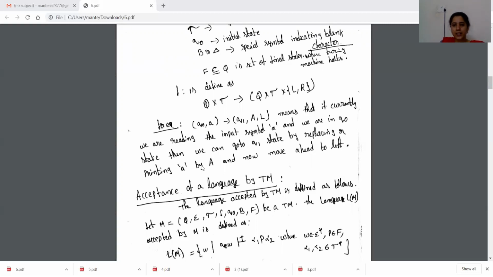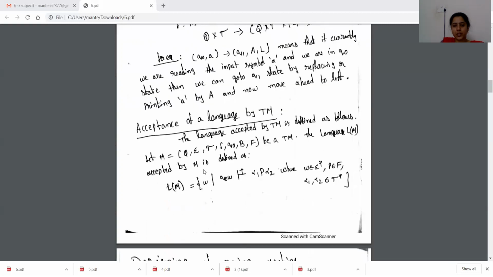And to check the acceptance of a language by Turing machine, from the starting state, read the input string such that by applying some transitions, you must be in this position: alpha 1, some state p, followed by alpha 2, where alpha 1 and alpha 2 are from tape symbols, and p is the final state.